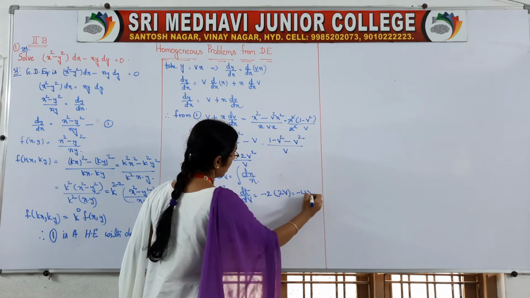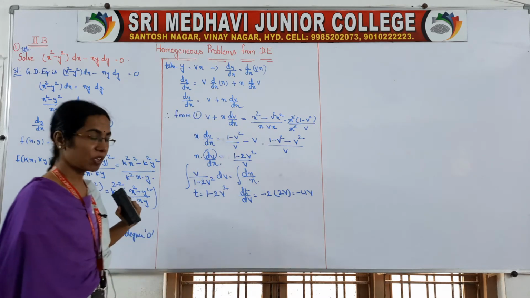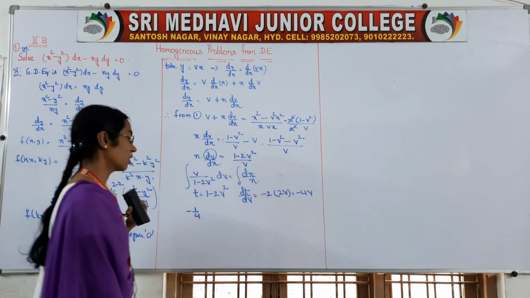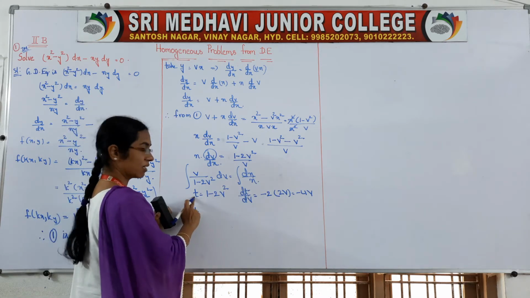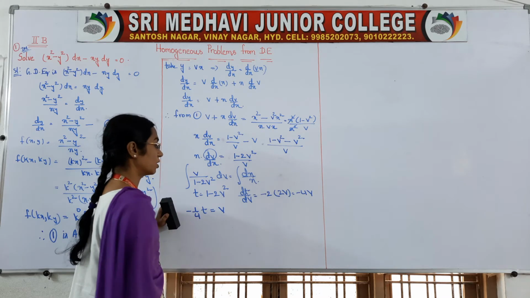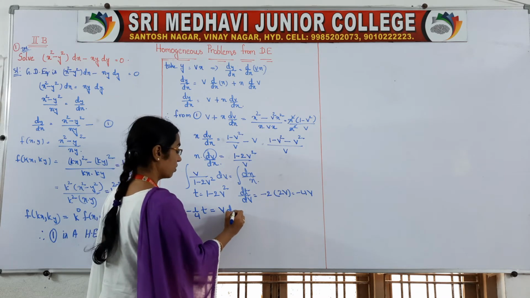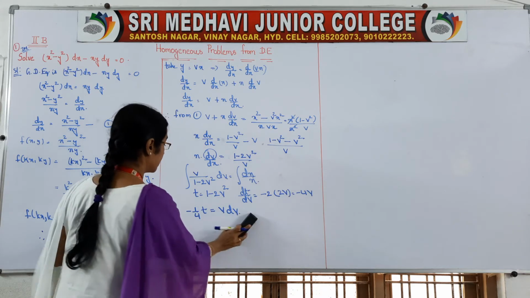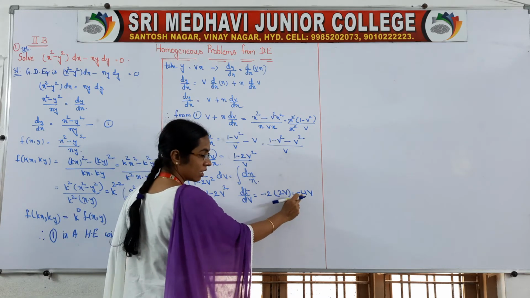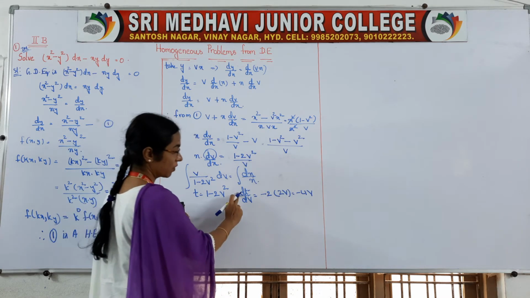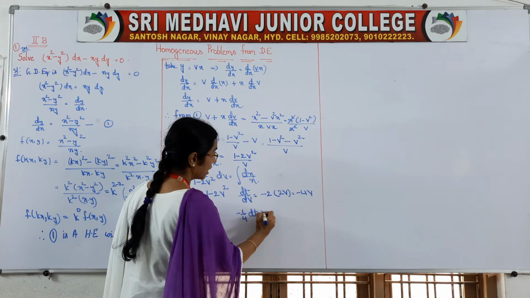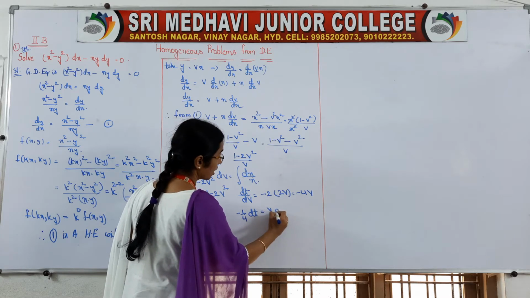So it is −4v. Sending that value to this side, −1/4 dt = v dv.